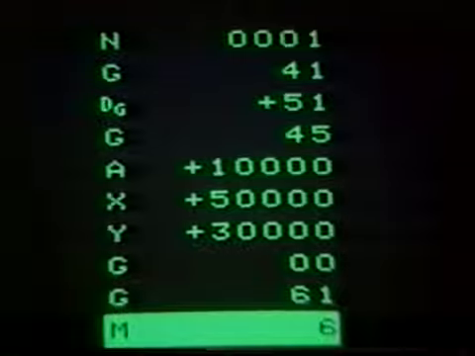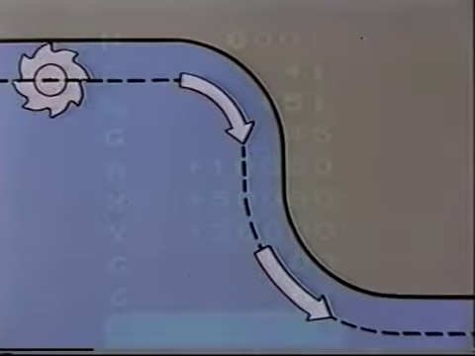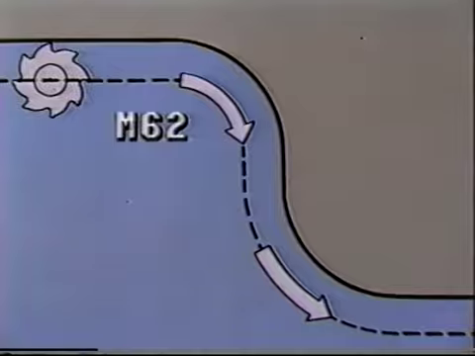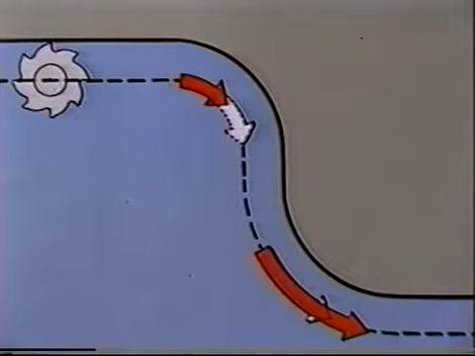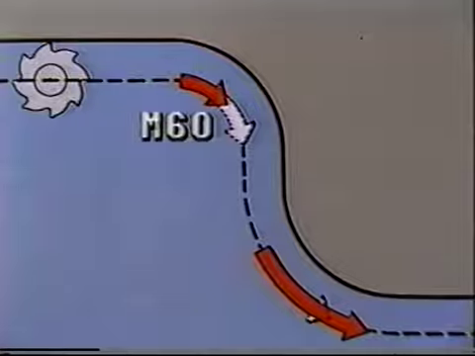The last entry defines the contour feed. You have a choice between constant feed along the cutter axis, Command M62, constant feed along the tool edge, Command M60. That is, the feed rate at the inside corners is reduced and increased at the outside corners.